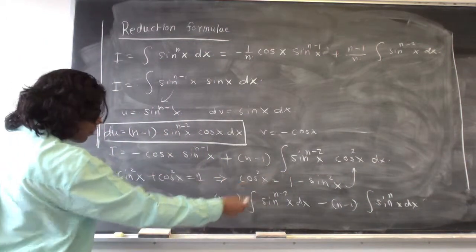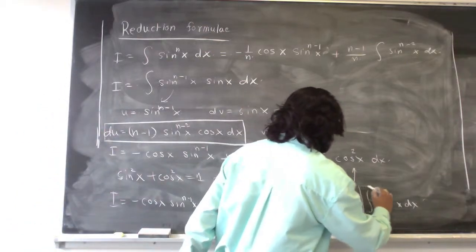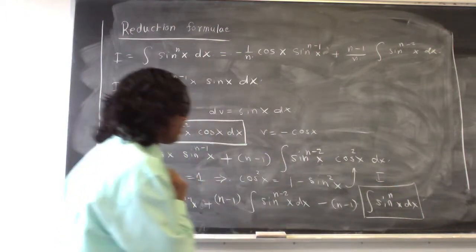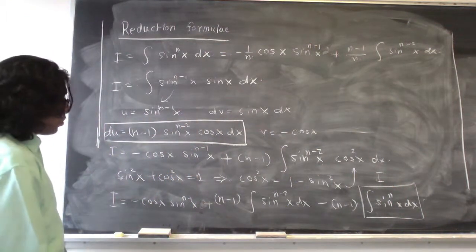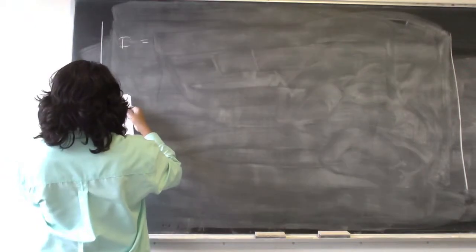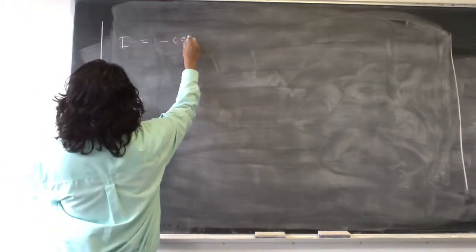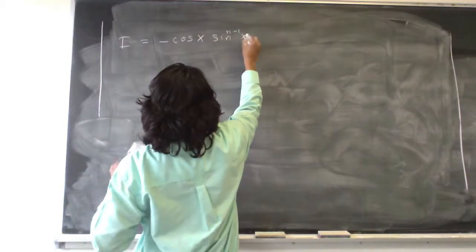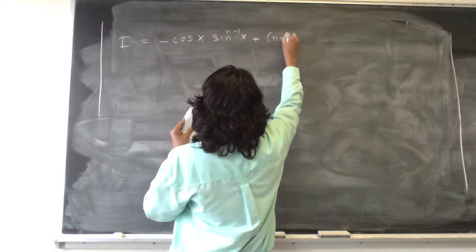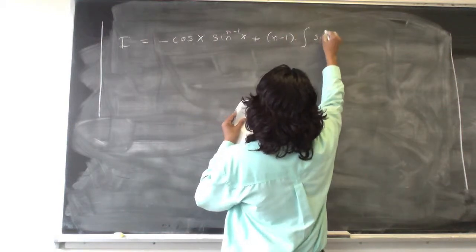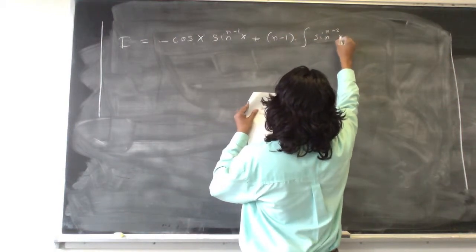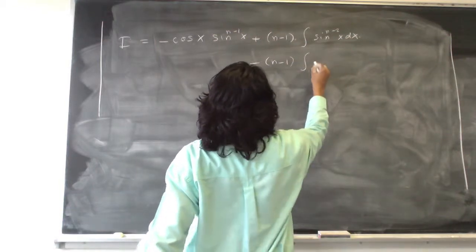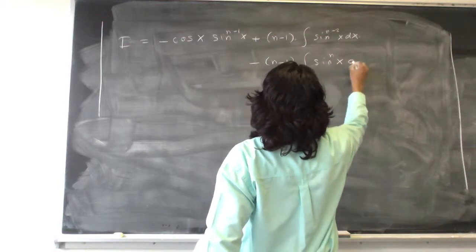Okay, but look, what is this thing? This is sine to the power n of x, so this is just the integral I that we started off with. So we have minus cosine of x sine to the power n minus 1 of x plus n minus 1 times the integral of sine to the power n minus 2 of x dx minus n minus 1 times the integral of sine to the power n of x dx.